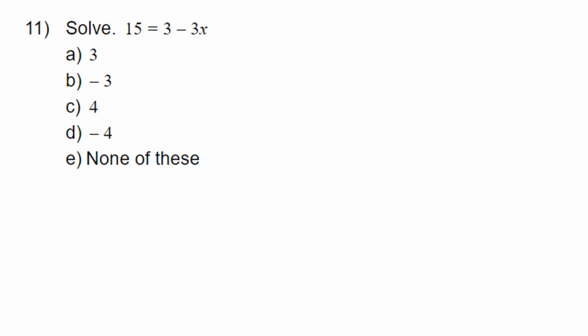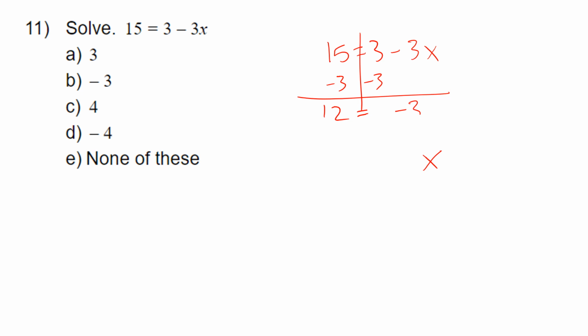11. You need to have 15 equals 3 minus 3x. So what we have to do is get x by itself by subtracting 3 right here. That's 12 equals negative 3x. And 12 divided by negative 3 is going to be equal to x.